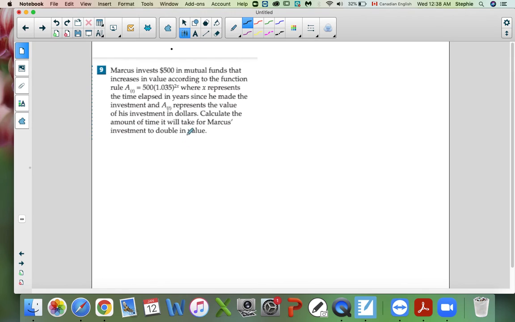They've already written the equation, and the question is to calculate the amount of time it will take for Marcus's investment to double in value. Well, what's double of 500? Double of 500 is 1,000. So they're asking you, when is it going to reach $1,000?